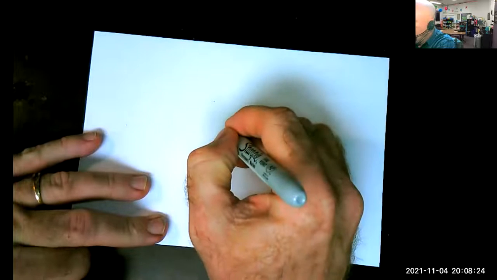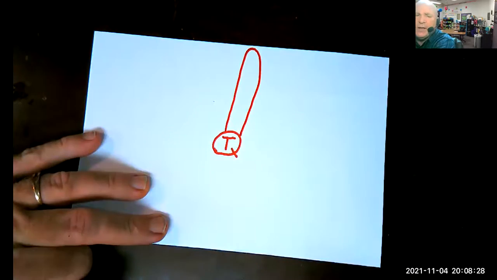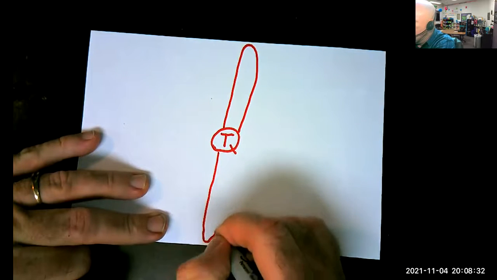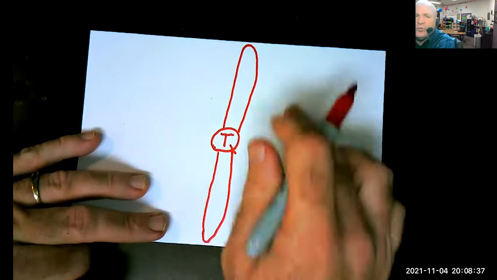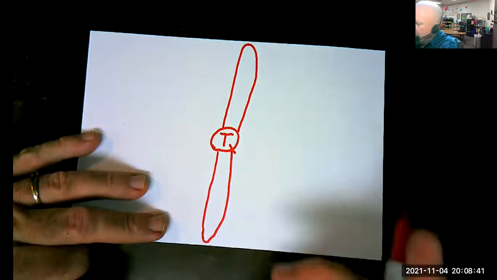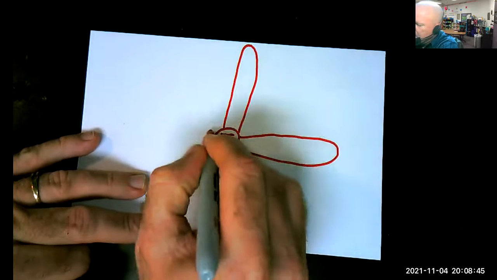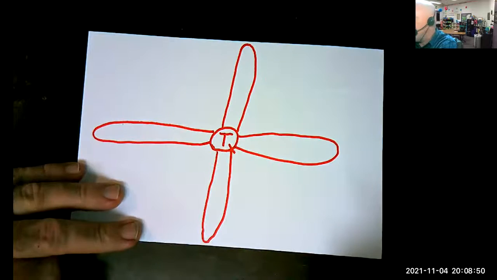Well, what I'm going to ask you to do is think of a pizza. They normally slice them into 8 parts. So at 12 and 6, I drew 2 oval shapes. At 3 o'clock and 9 o'clock, I am drawing 2 more.